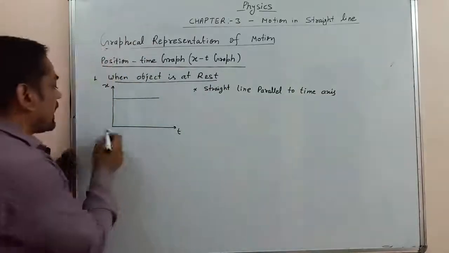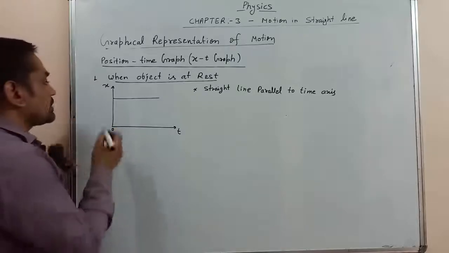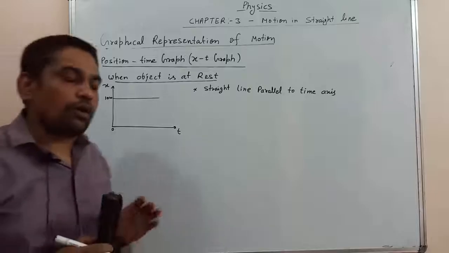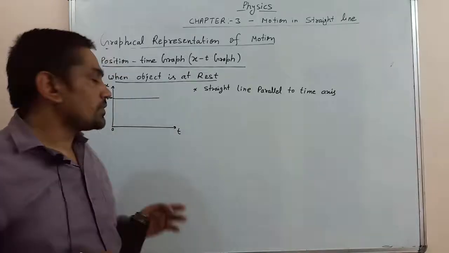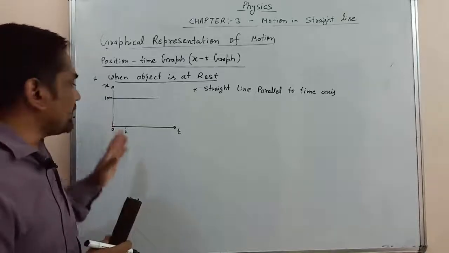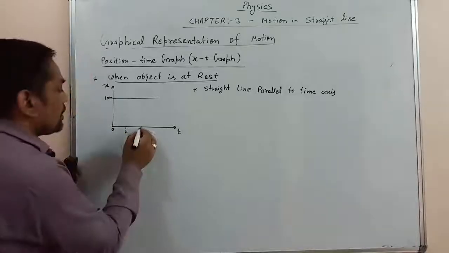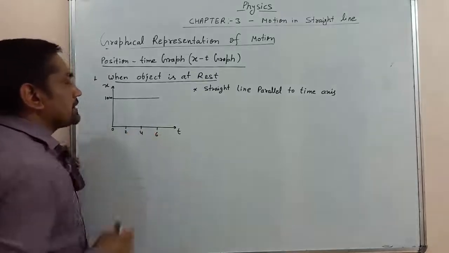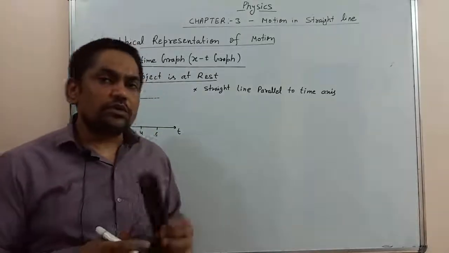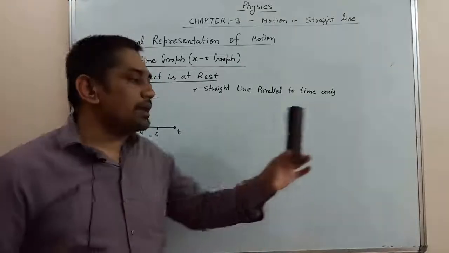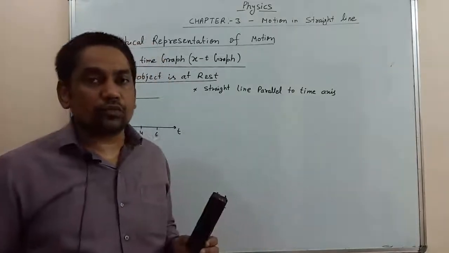Why? At 0 seconds, suppose the displacement of the object is 10 meters. After 2 seconds, the displacement is 10 meters again. After 4 seconds, the displacement is the same. After 6 seconds, the same. Suppose this duster is placed 10 meters away from me.